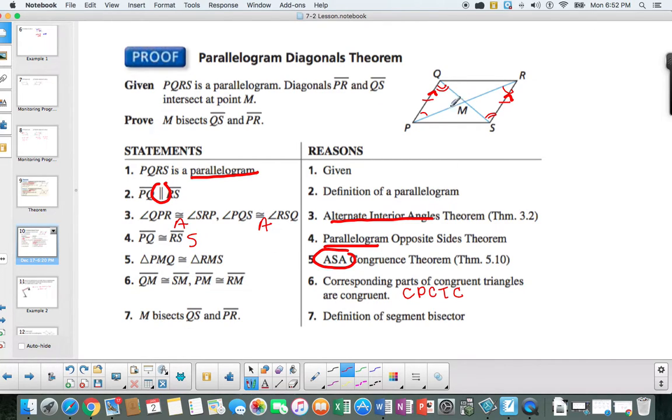Once that's true, then we know that this part is congruent to this part, and this part of the triangle is congruent to this part by CPCTC. And when that happens, that's telling us M is the midpoint, the point at which the two diagonals cut each other.